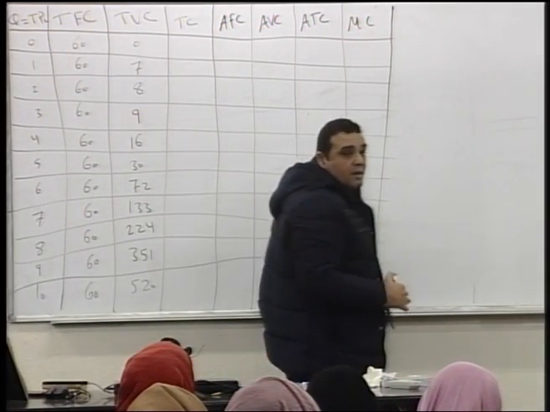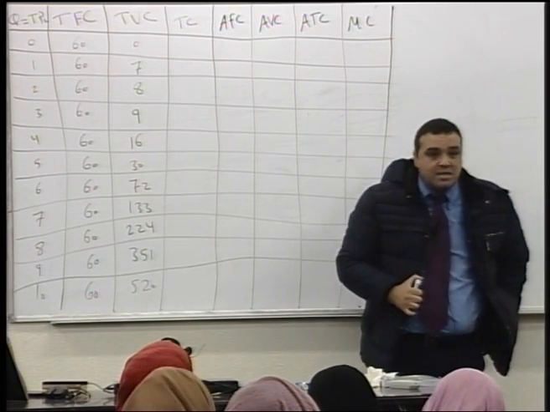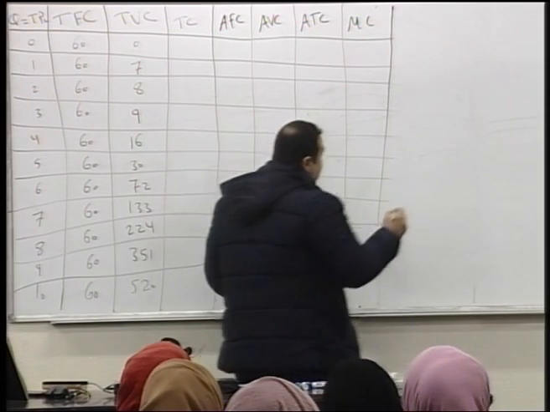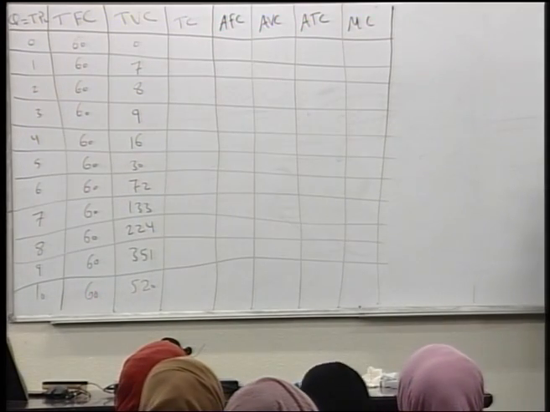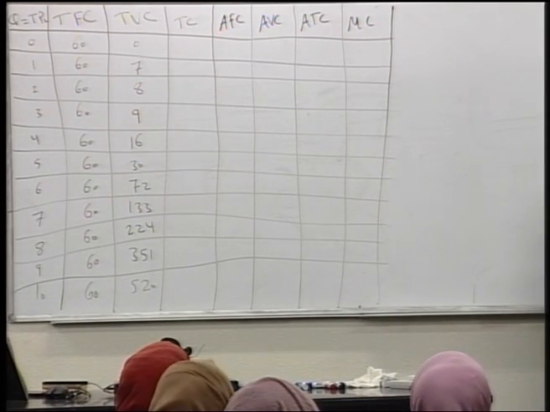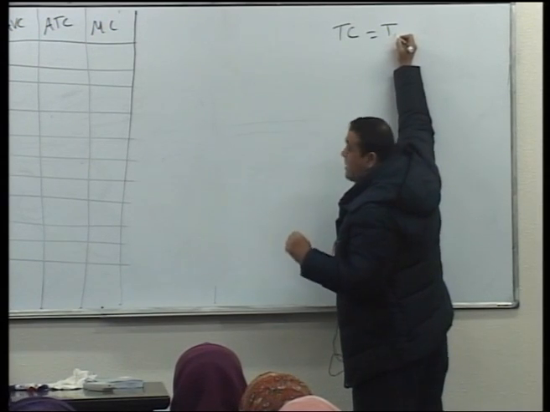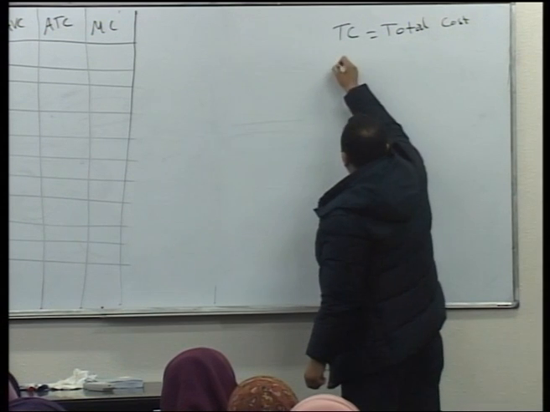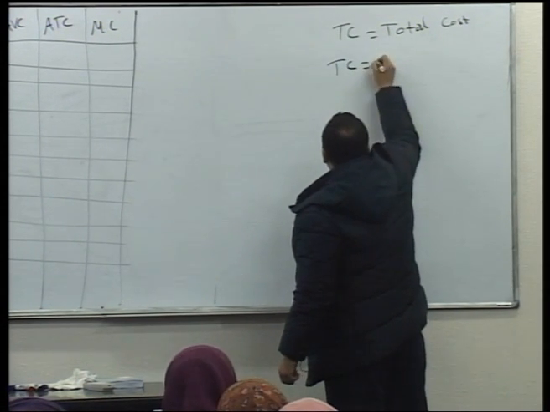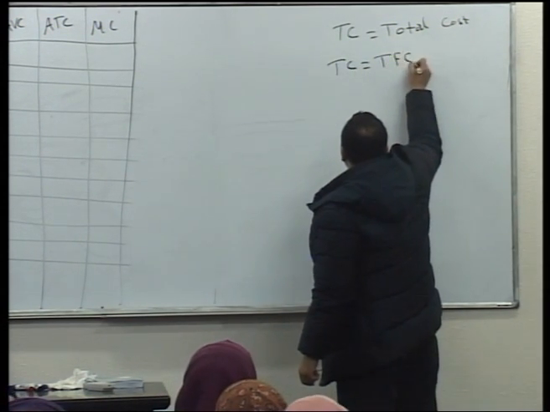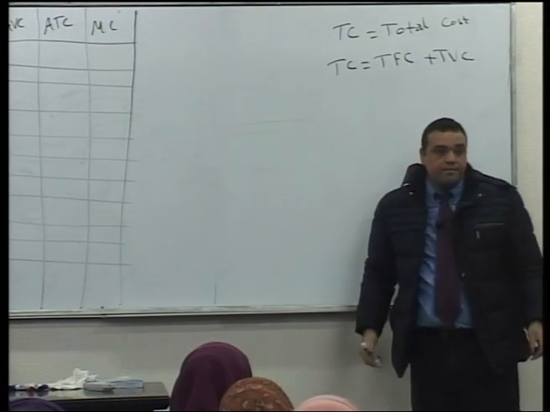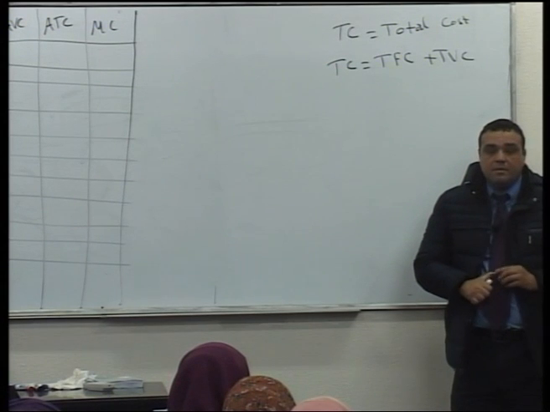Okay. Now we have different formulas for the cost. The total cost, TC, is the total cost. TC equals total fixed cost plus total variable cost. Right? Okay.